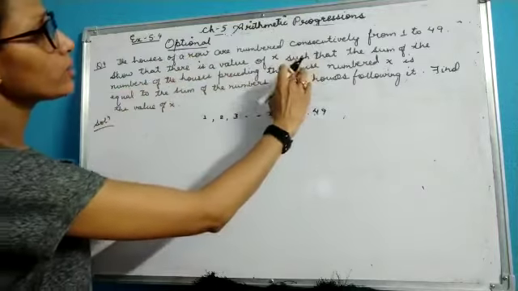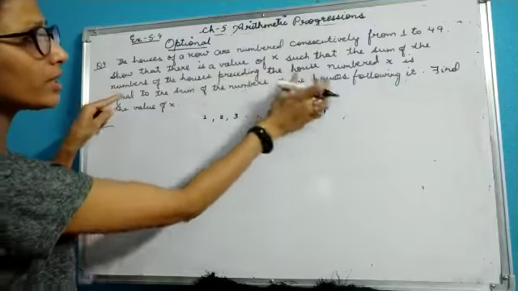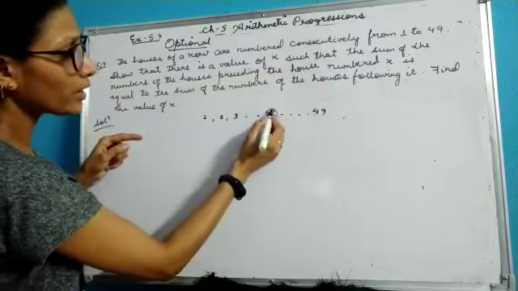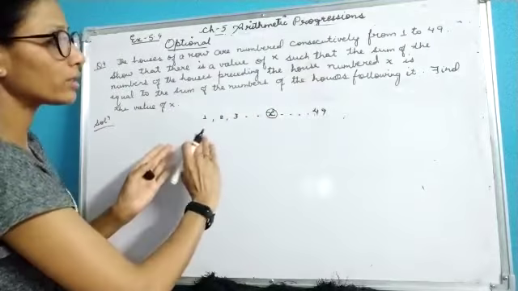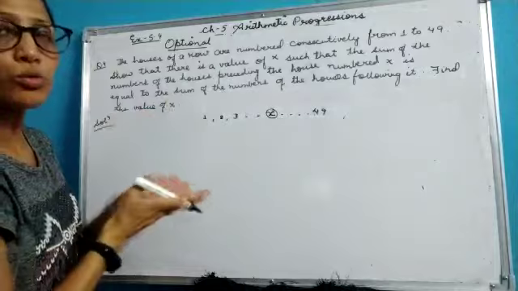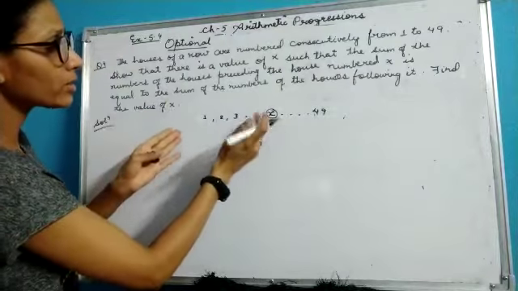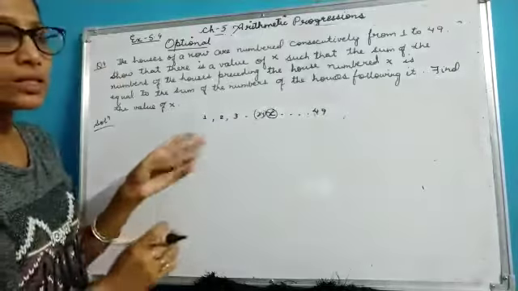Now it is given such that the sum of the numbers of the houses preceding the house. This is your x, so how many houses are there preceding this x? Before x it will be x minus 1.